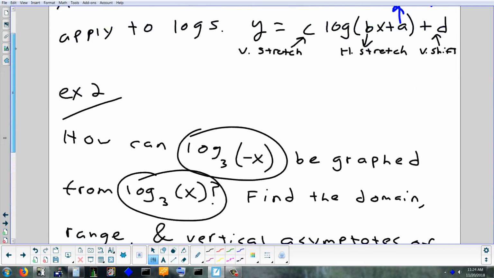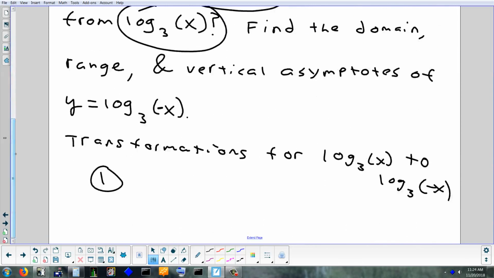Well, all you really have here is like a -1 where b is. So there's no stretch horizontally because it's like a -1. If you want to put the 1 in, you can. But what is the negative going to do? Connor? They're going to flip it. Flip it? Which way?